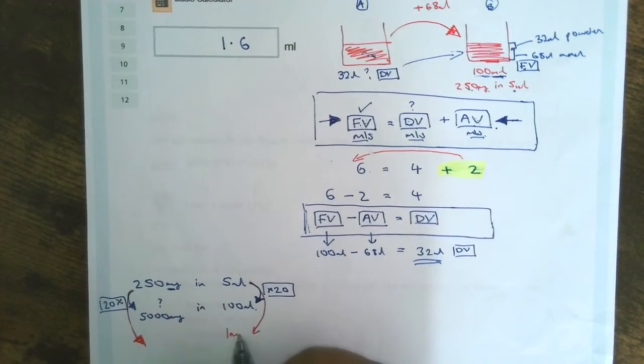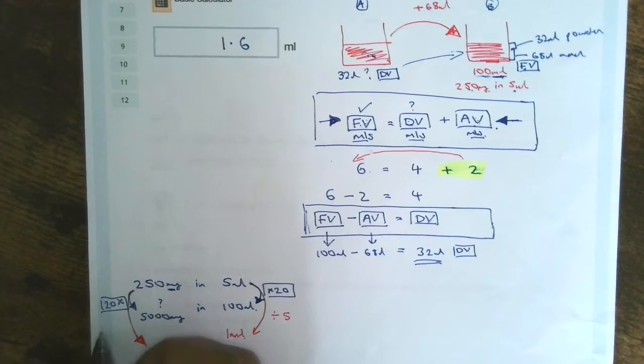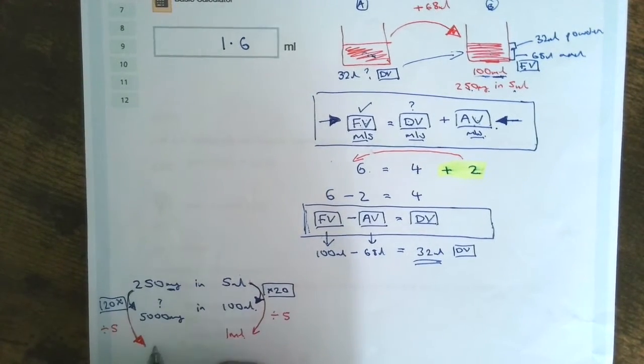So if I wrote 1 mil here and I said to go from 5 mil to 1 mil, you have to divide it by 5, correct? So on the other side, you have to do the same thing, divide it by 5. So 250 divided by 5 is the number of milligrams in 1 mil.